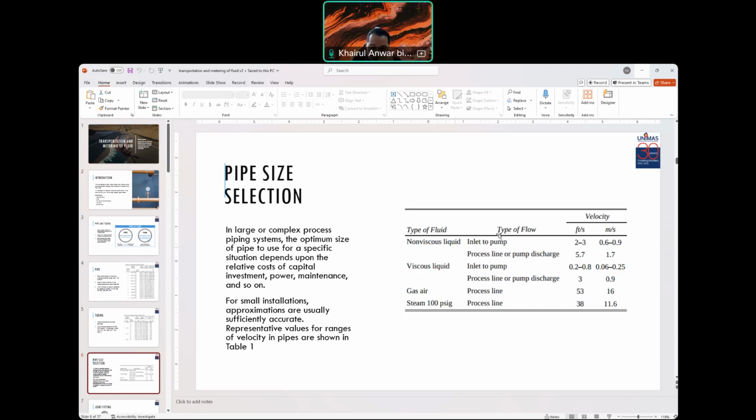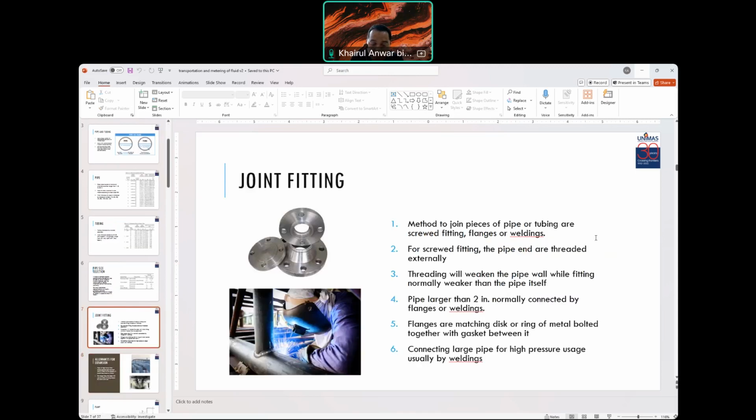For non-viscous liquid at the inlet of the pump, this is just an estimation. For the pump, the estimate is 0.6 to 0.9. Process time at pump discharge is 1.7. For viscous liquid, it's different. For gas and steam at 100 PSI.